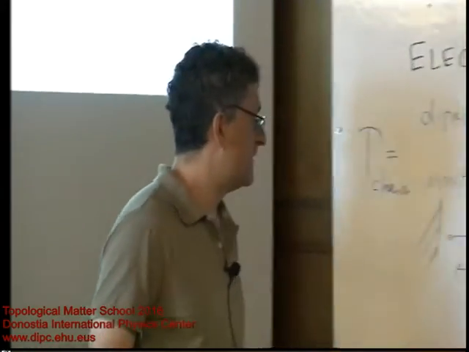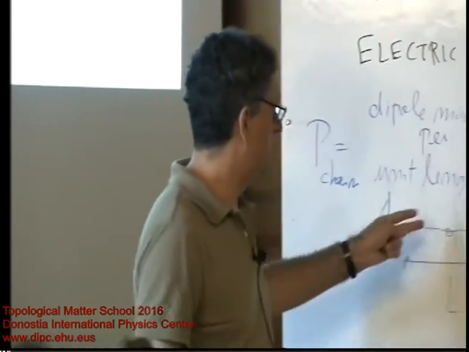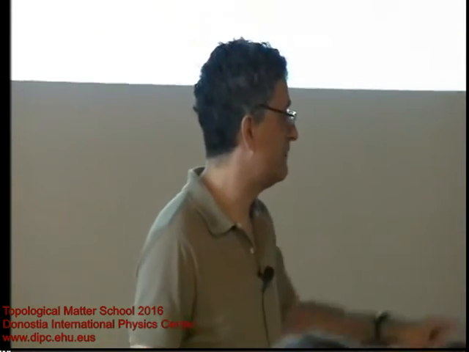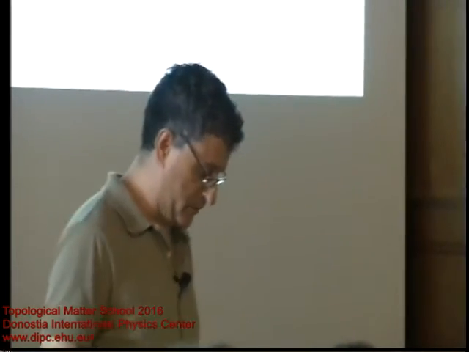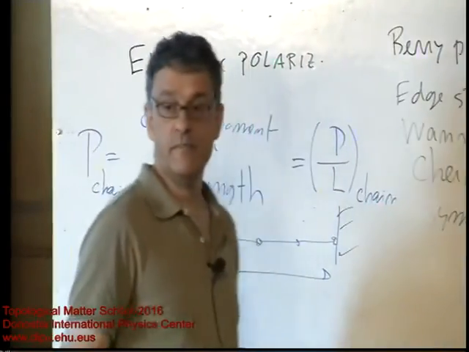So the question is, can we define this material property as a bulk property that is independent of the surface termination? Or, in other words, if we get rid of the surface altogether by going to periodic boundary conditions, can we still define the polarization? Okay? So that's the theme that will underlie the entire lecture.